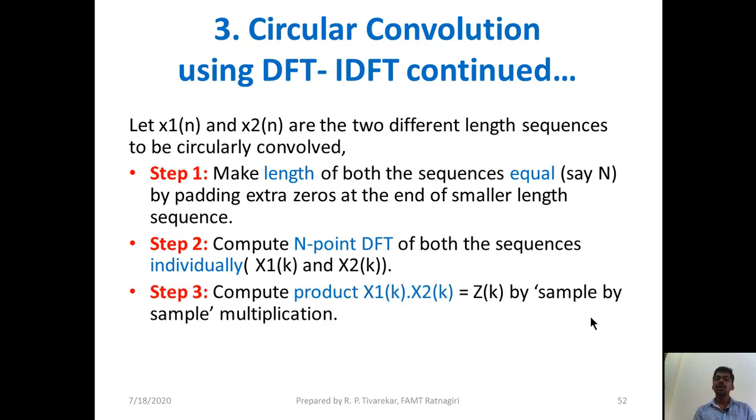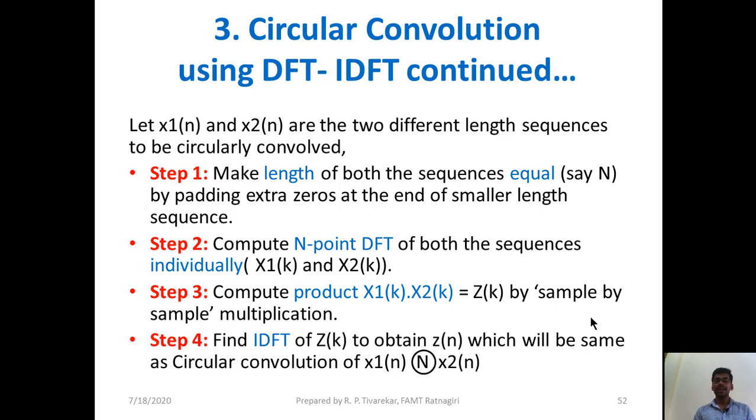In the third step, you find the product of those two DFTs, X1(k) multiplied by X2(k), call it Z of k, using sample by sample multiplication. And at the end, the IDFT of Z of k will be Z of n, which is the circular convolution of the two sequences x1(n) and x2(n). So it's a very simple method: find DFTs, multiply, find IDFT.